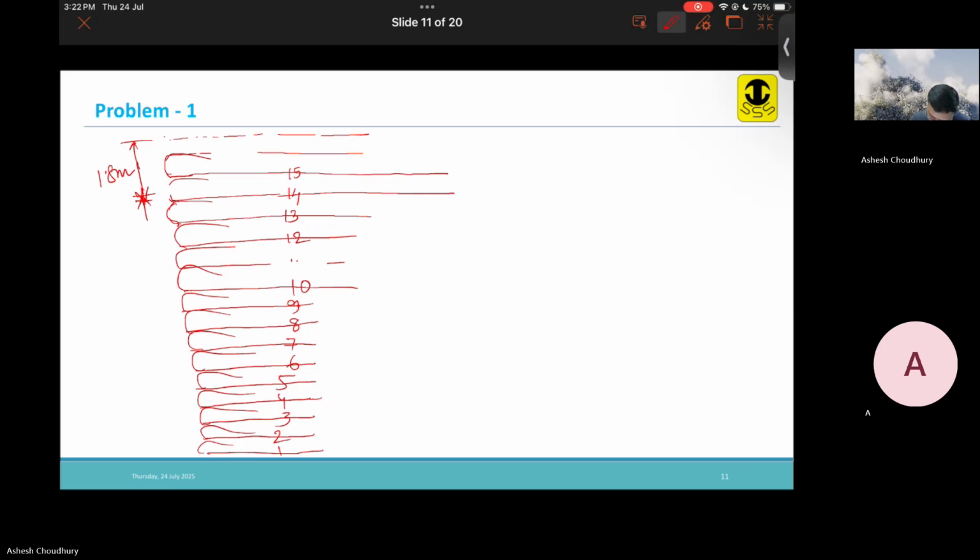Here, into 10 meter, 0.1 meter, from here to here it is total 6 meters. This is the toe.